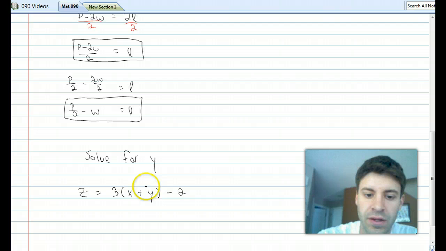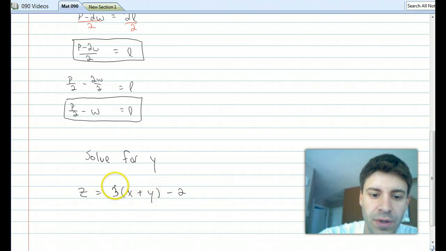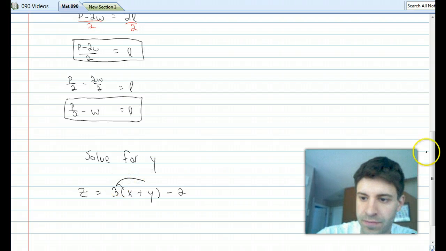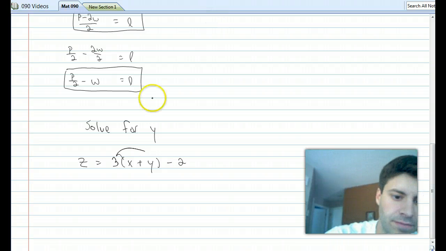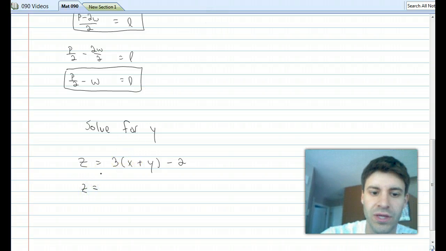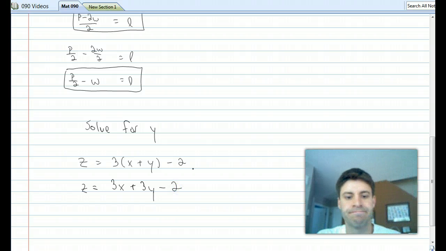It's this term right here. So one way to go about solving for y would be to start by distributing the 3 through those parentheses. So let's do that. We'll distribute the 3, and we get z equals 3x plus 3y minus 2.